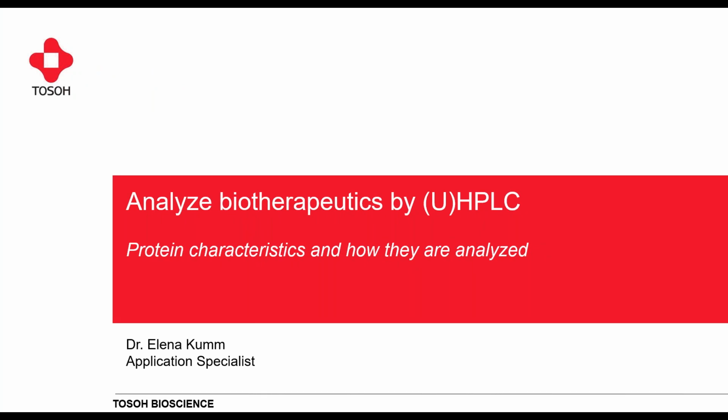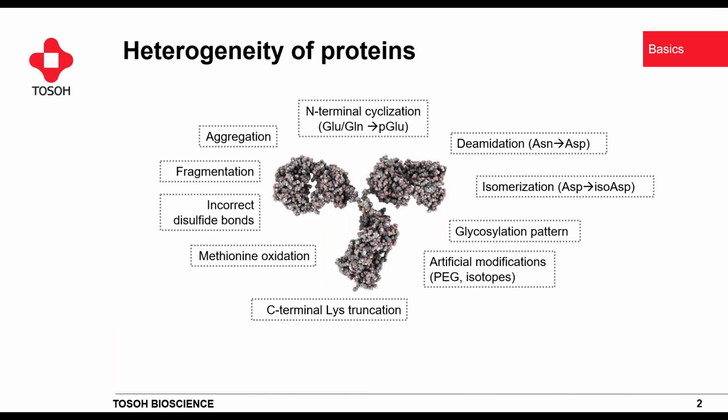So I will give you a broad overview today on how we can analyze protein characteristics of our biotherapeutics. First, as an introduction, many of you, I think, already know that biotherapeutic samples are not a homogeneous solution.